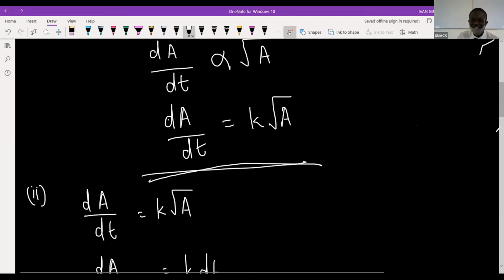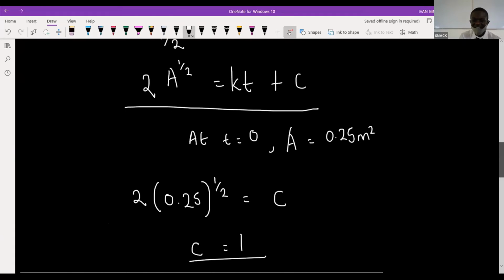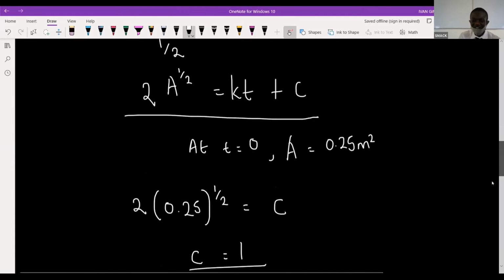So you don't end only here for such a question, you proceed and find the k and find the c and end there.